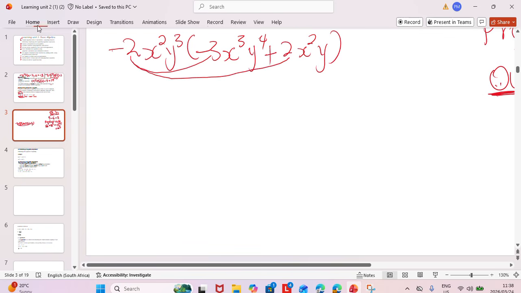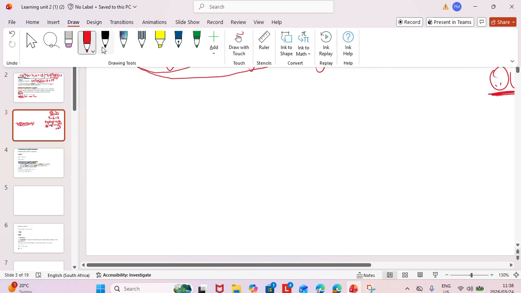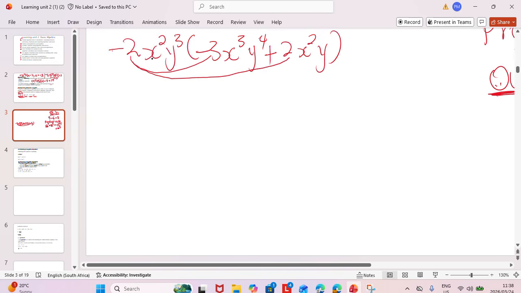And then what else will happen here? x to the power of 2 will multiply x to the power of 3. x to the power of 2 will also multiply x to the power of 2, which means y to the power of 3 will multiply y to the power of 4 and y to the power of invisible 1, applying the distributive law.